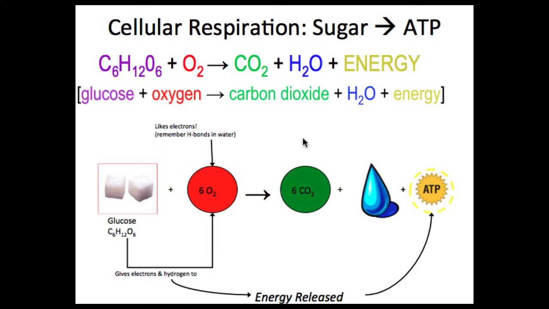Also notice that oxygen is part of this input because oxygen loves electrons. Oxygen pulls those electrons towards it. Remember from our water lecture, we know that water molecules form hydrogen bonds between all of those water molecules because oxygen loves to pull electrons towards it.